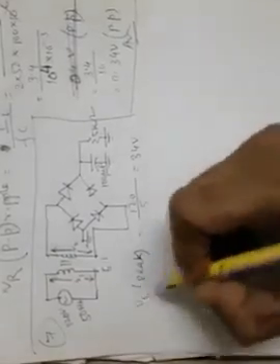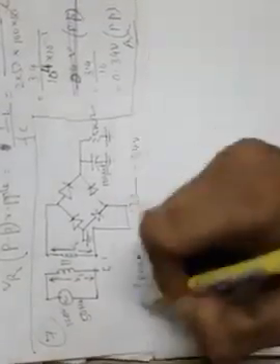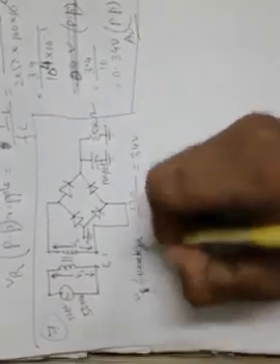First we need to calculate V2. This is V2 first. It is 24 volt.